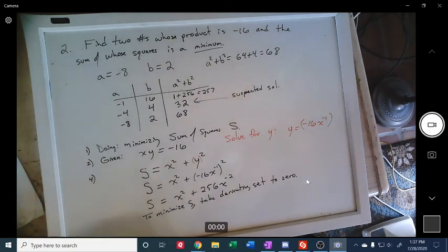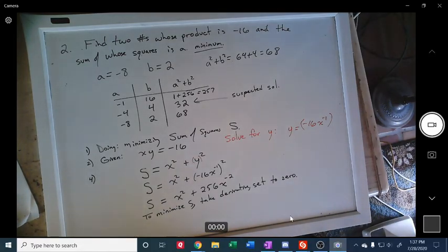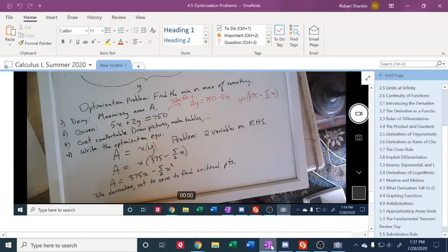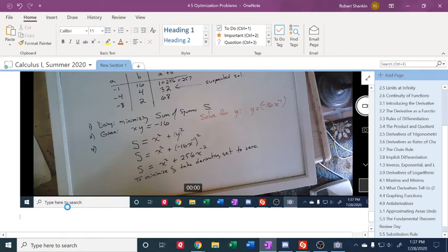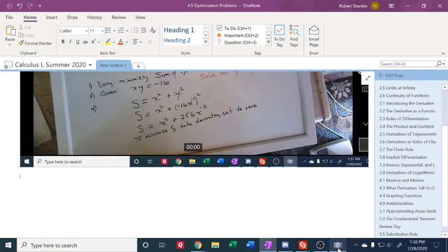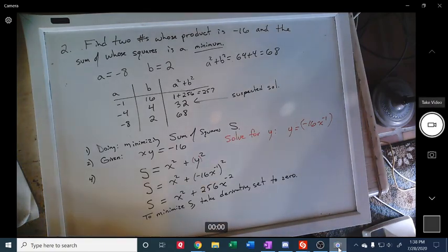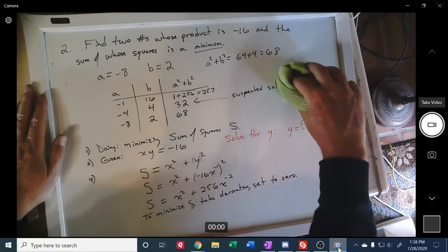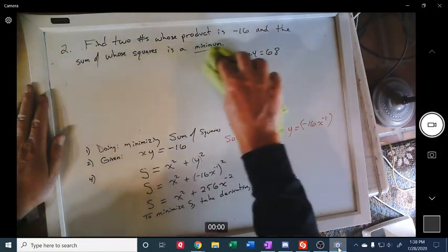And let me take a picture. And erase the upper portion, give myself a little space.